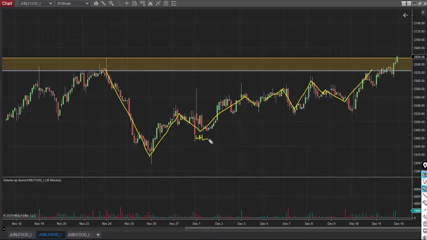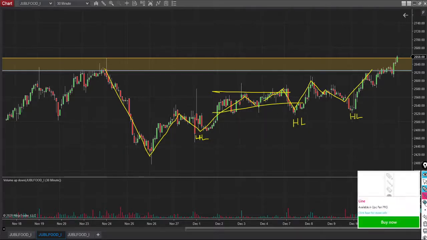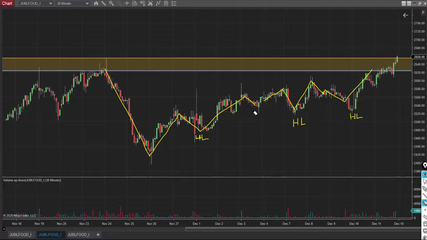Higher lows. If I choose only the broader one, higher lows are developing. This was the balanced zone in between, a tight auction, so I will not consider this. This was the broader trend. What is the broader trend here? If these sellers were so strong, why are higher lows developing?